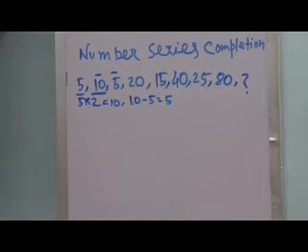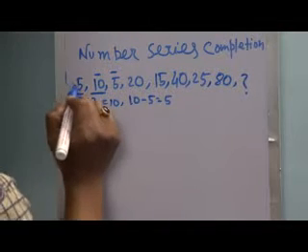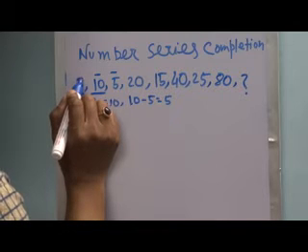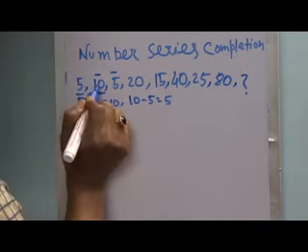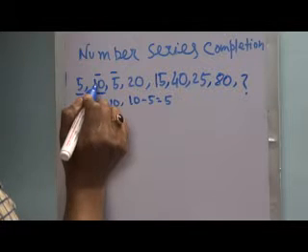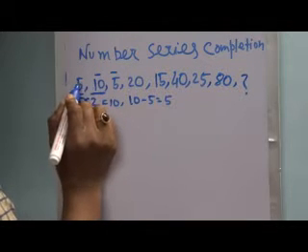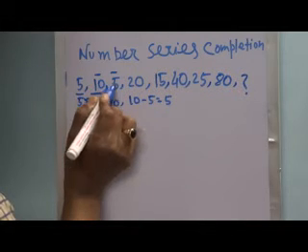So actually what we get is, if we multiply the first number by 2, we get the next number, and if we subtract the preceding number from the second number, that is here 10, we get the next number.